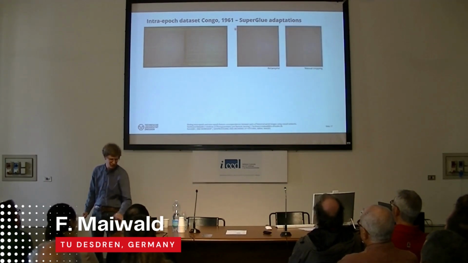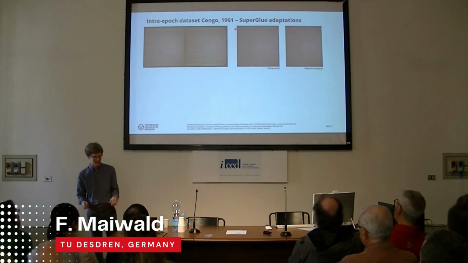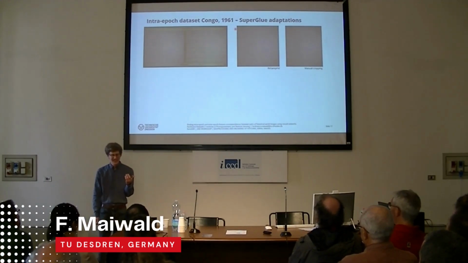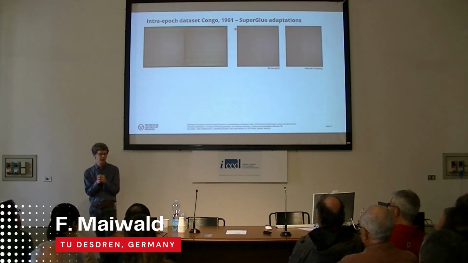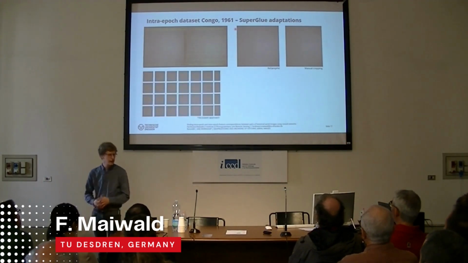So I did a manual cropping. I just wanted the method to focus on the center of the image, but no better results. Then, as I told you, the method works with 1,600 pixels, so I thought maybe it doesn't have enough information. So I did a tile-based approach.